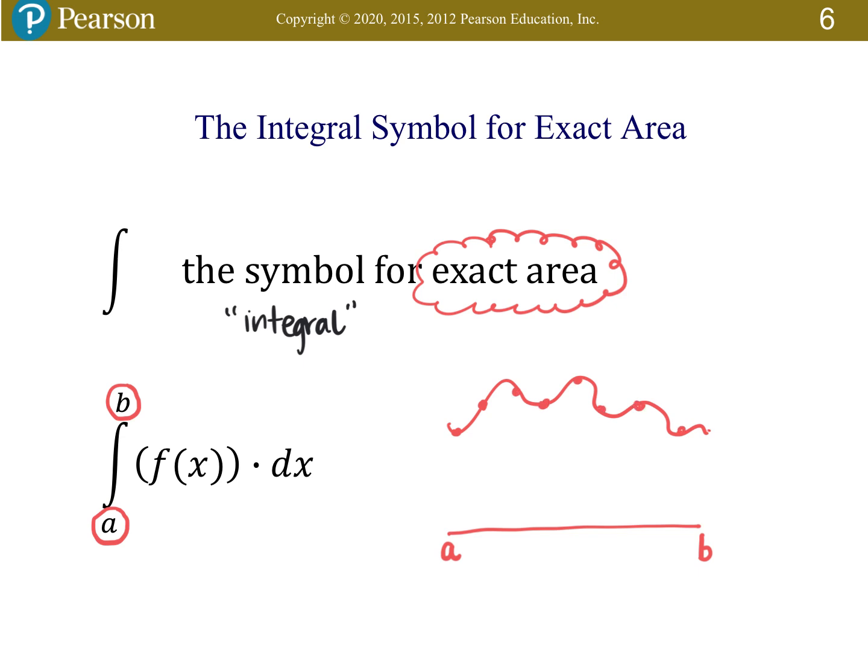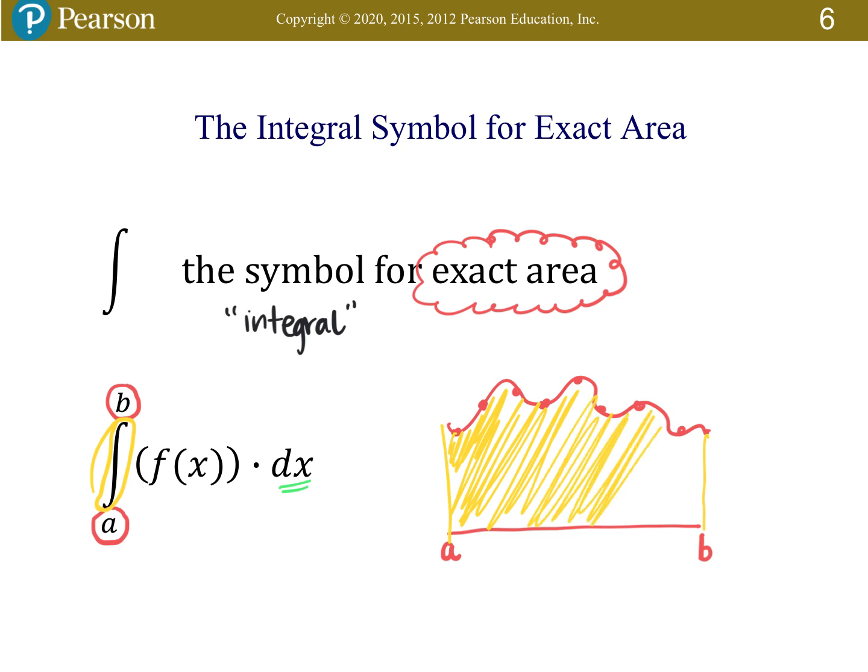Okay, that will be your f of x. And then d of x is just making sure you know you're working along the x-axis. And then the integral part of it, that elongated s here, is telling you that you are to find the exact area that's trapped beneath all those boundary lines in the best method possible to you at the time. And the best one we have right now is trap.